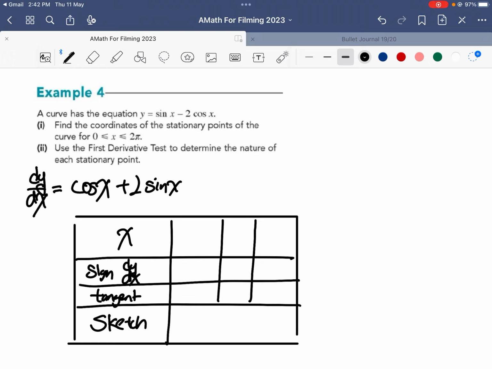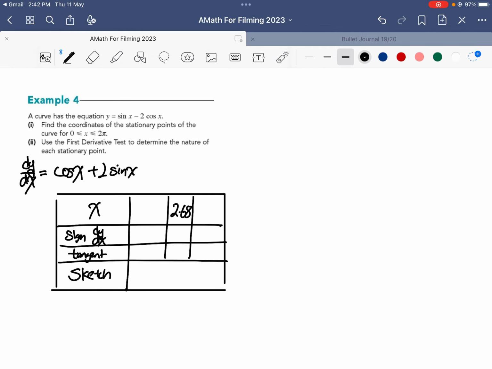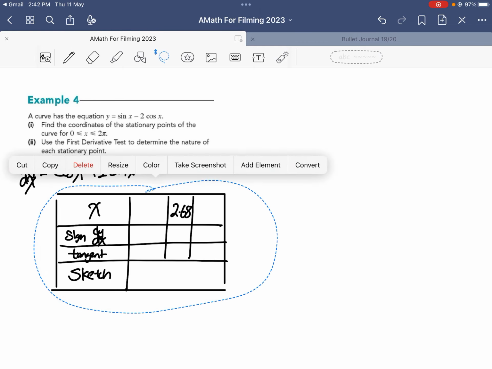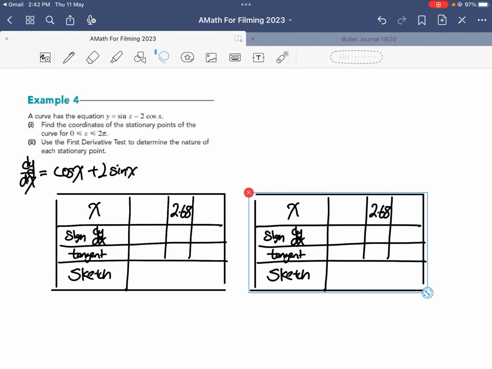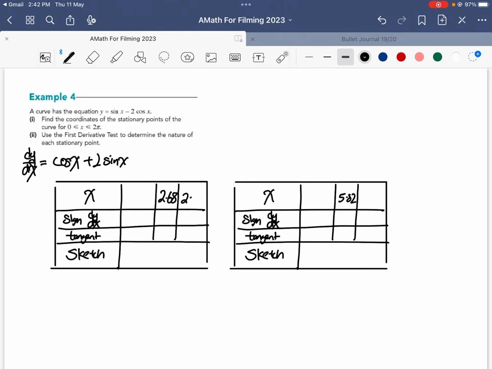So now we have 2 points. One is where x is 2.68, and not forgetting the other point, where my x value is 5.82. So for the first derivative test, 2.68 plus and 2.68 minus, if you key in the sign of dy/dx, this is positive, this is negative.